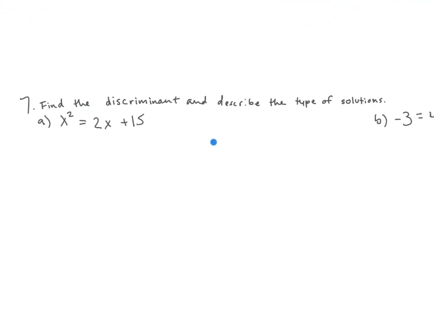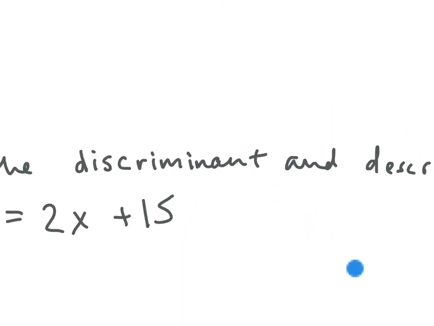Alright, 7 says find the discriminant and describe the type of solutions. What's our formula for discriminant? Remember, it's just everything under the square root. So what's under the square root? b squared minus 4ac.